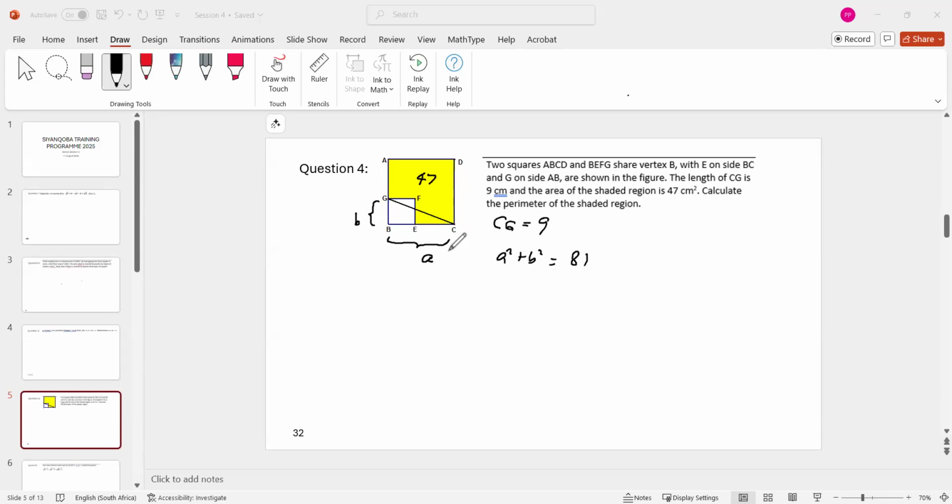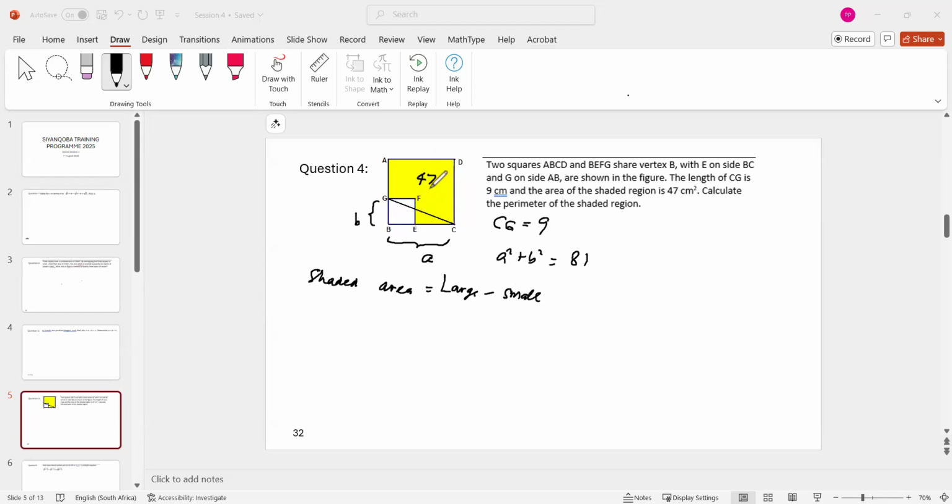Now, also, this area here, the shaded area, can we get an equation there? Well, the shaded area is equal to the full square minus the small square.